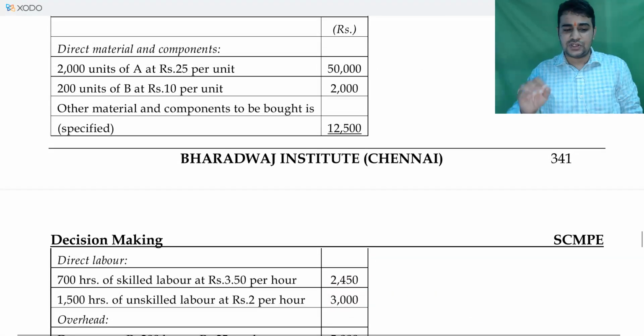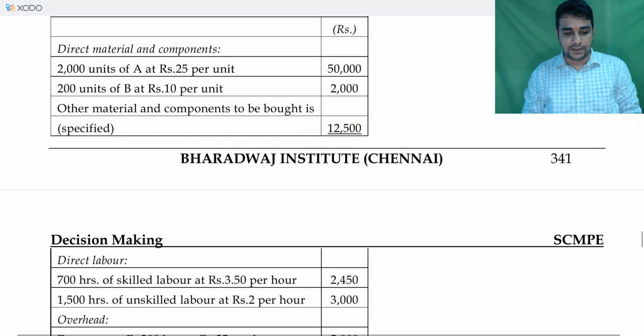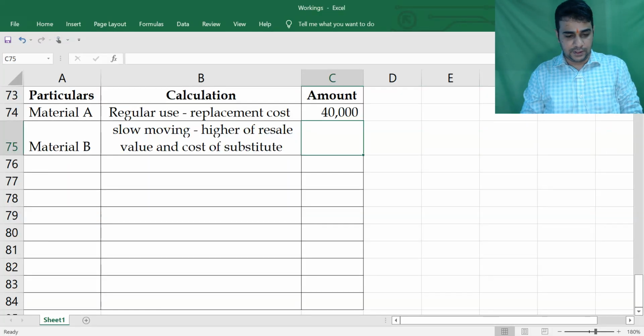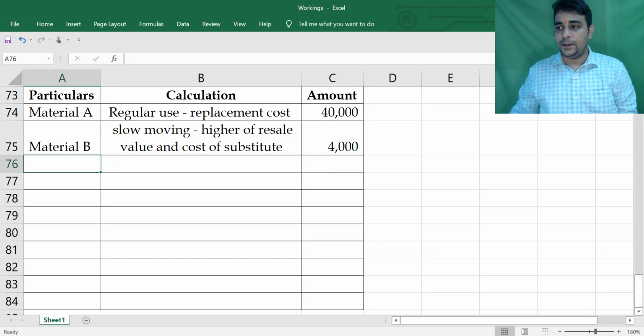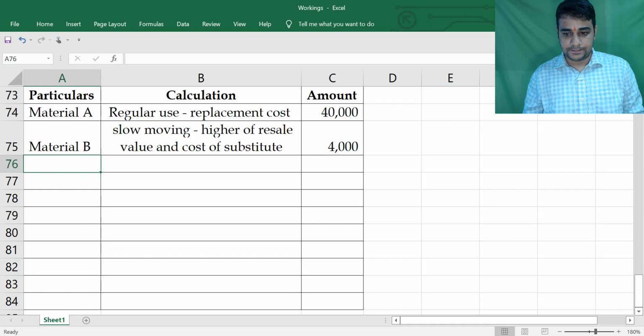Detailed explanation as to how to write and all, it's there in the material, but I am just writing a brief explanation. 200 into 20 rupees. Higher of resale value and cost of substitute.